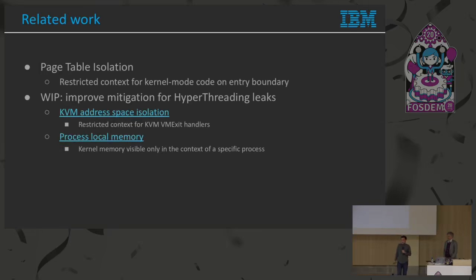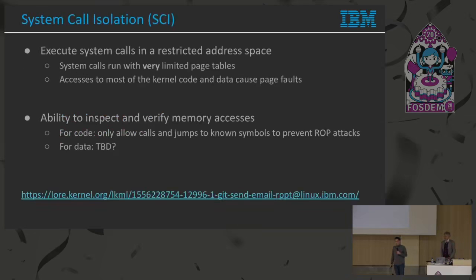There is ongoing work in the KVM area to protect virtual machine memory from the host and from each other, that also tries to implement address space isolation in KVM, and another mechanism that was dubbed process local memory, to ensure that VM secrets are visible only to that VM and are not visible in the host or in other virtual machines.